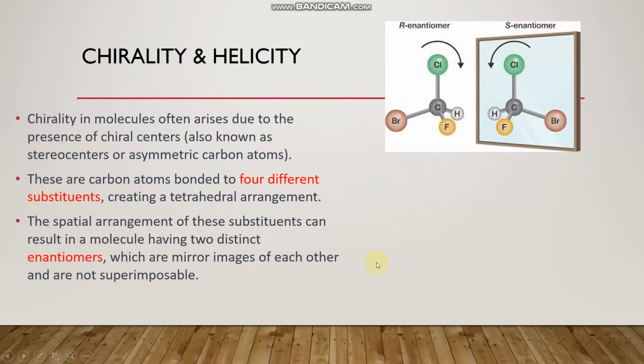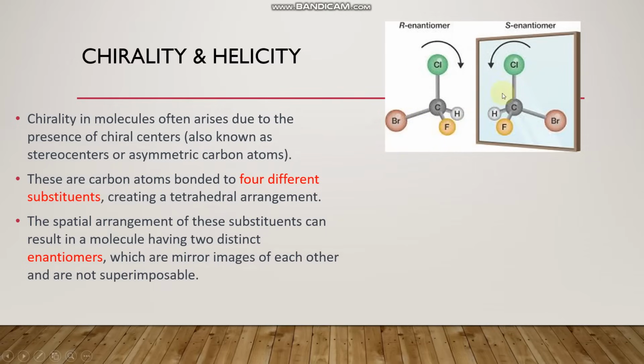So how are chirality and helicity related? Chirality often arises when an organic molecule has a carbon that has 4 different groups attached to it, creating a tetrahedral arrangement. Just like these two molecules, these are mirror images, and each carbon has 4 different groups attached to it.